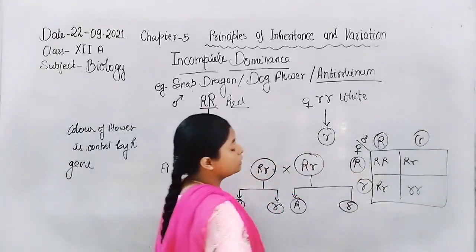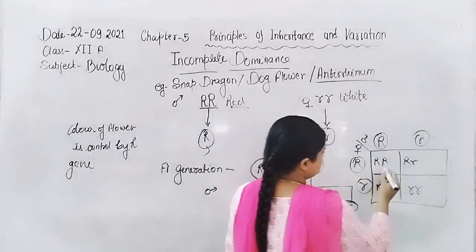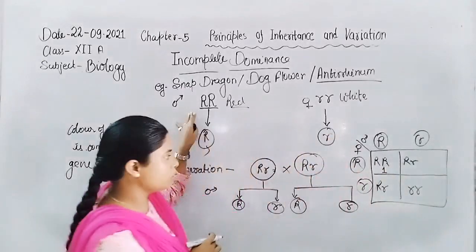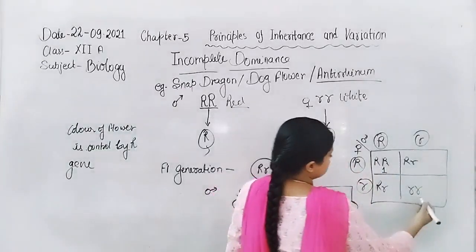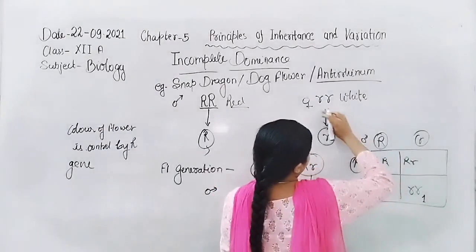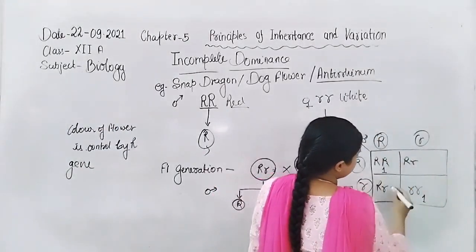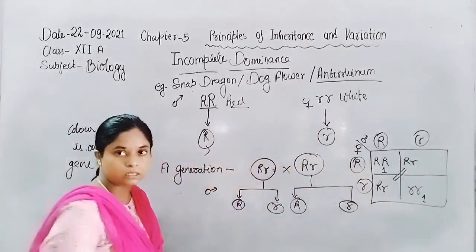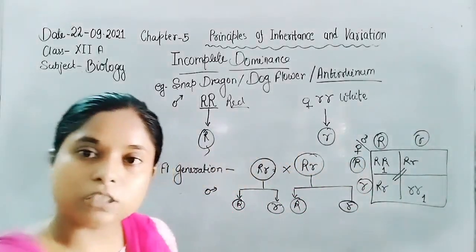So that's the reappearance of the parental characteristic: capital R capital R is a parental combination, and small r small r is again a parental combination, and these two are recombinant, two in number. Now let us discuss the phenotypic and genotypic ratio.